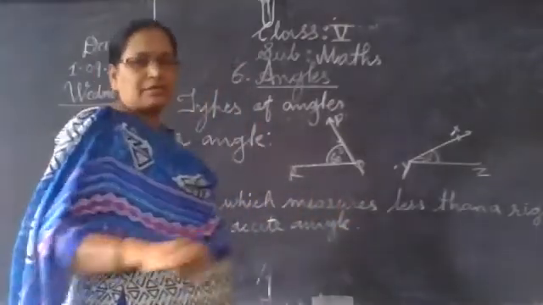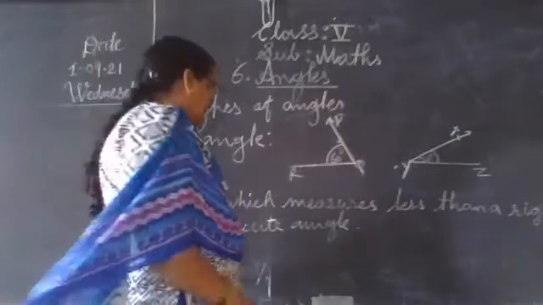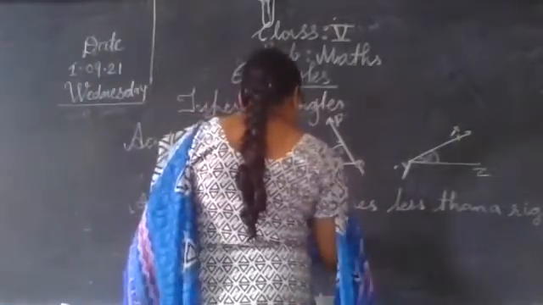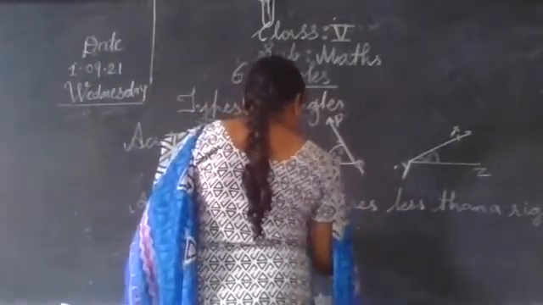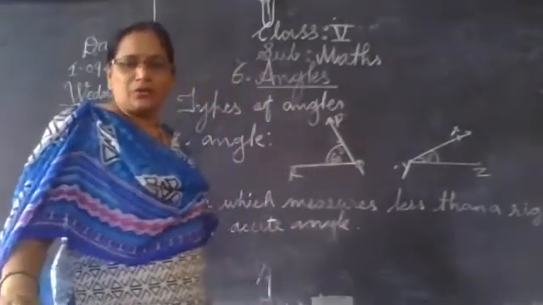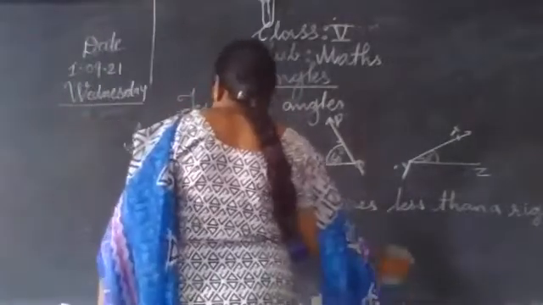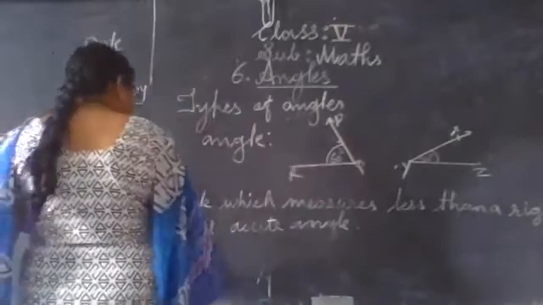Got it, beta? An angle whose measure is less than a right angle is an acute angle. Now see, the next is obtuse angle.